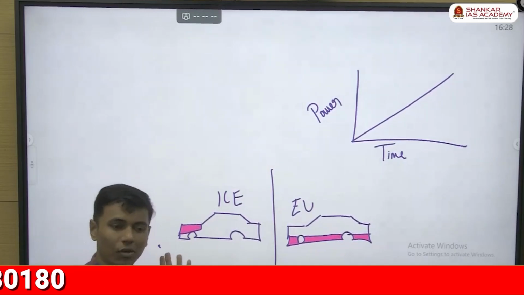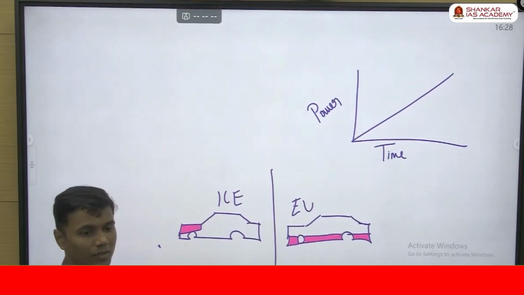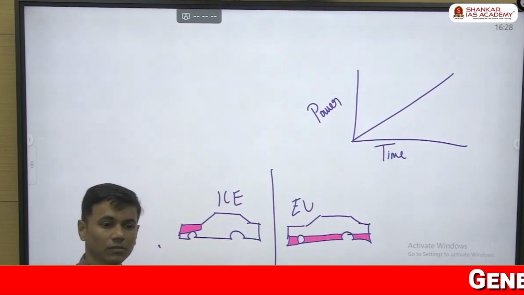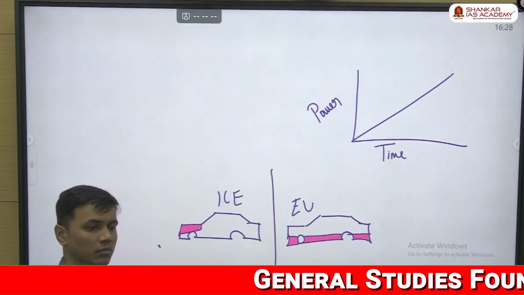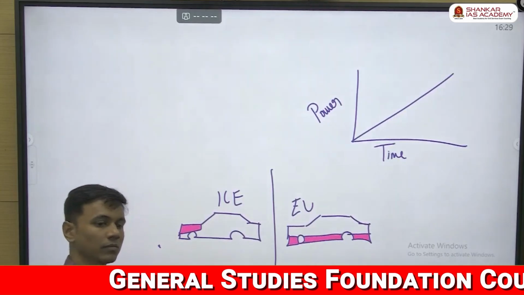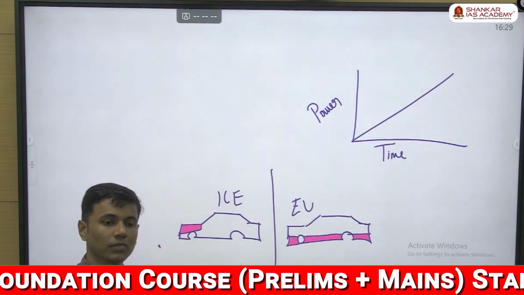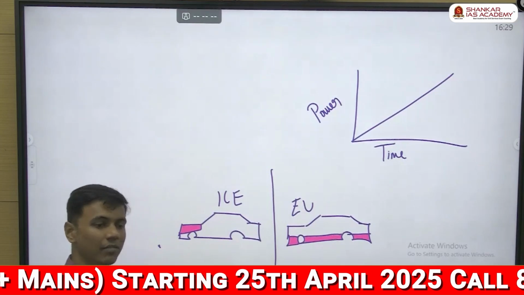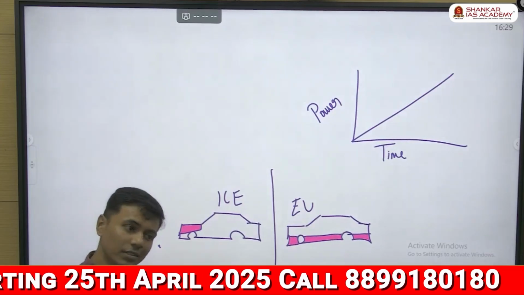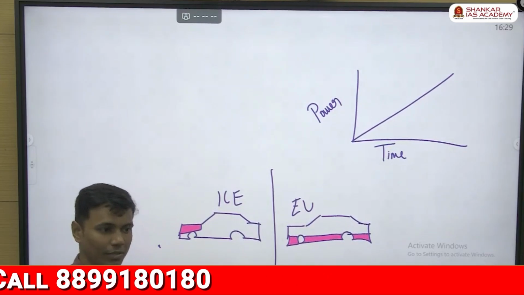So ICE always runs on non-renewable energy, but the grid can be a mix of both, and there is scope for shifting to renewable energy also for electric vehicles. Internal combustion engines always run on non-renewable energy. EVs can run on renewable as well as non-renewable.